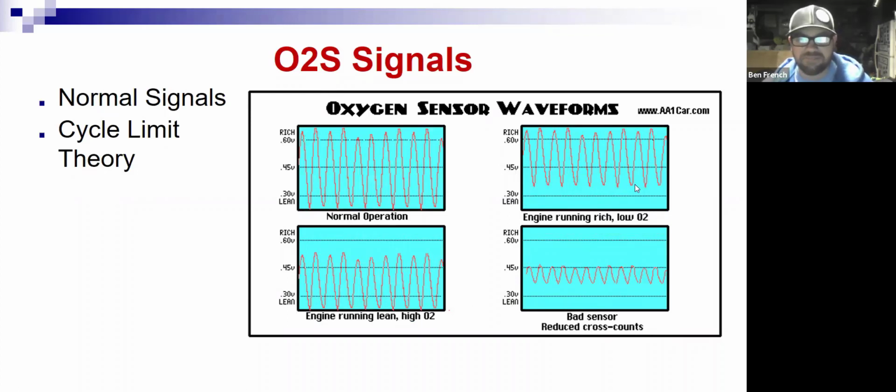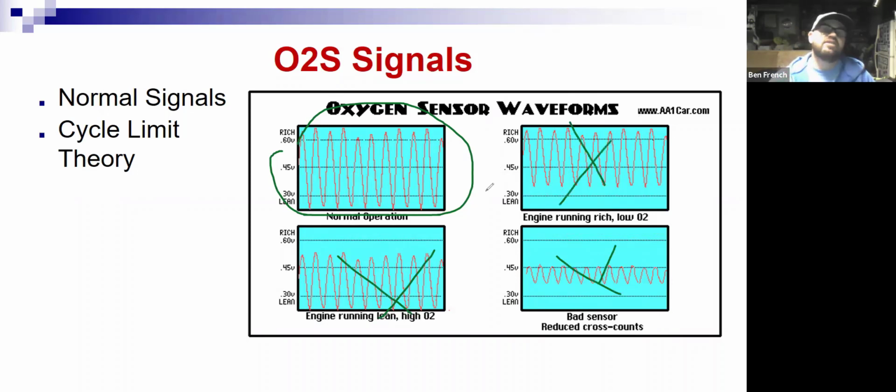And so we talked about this cycle limit theory of normal operation of the O2 sensor. So this is what it should look like. The other ones are not what you want, right? Well, I should say this is what it should look like for a sensor 1.